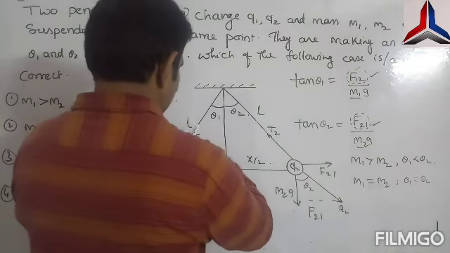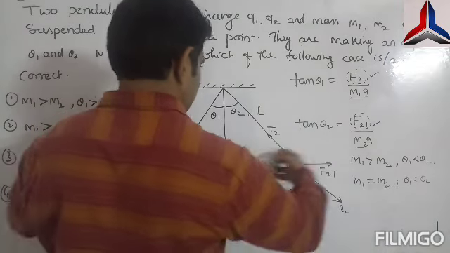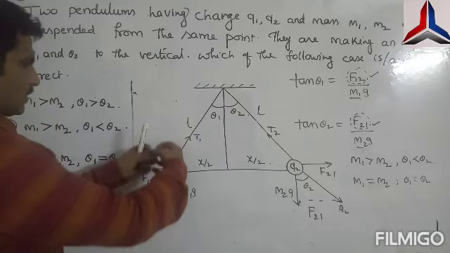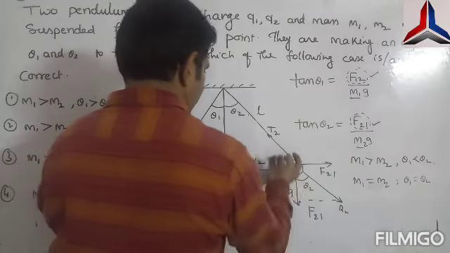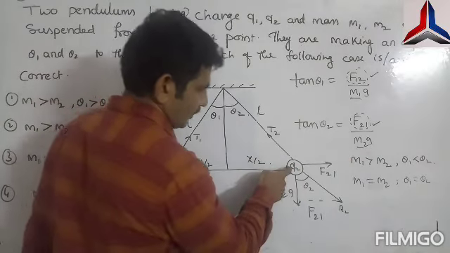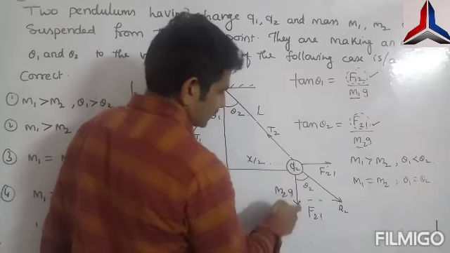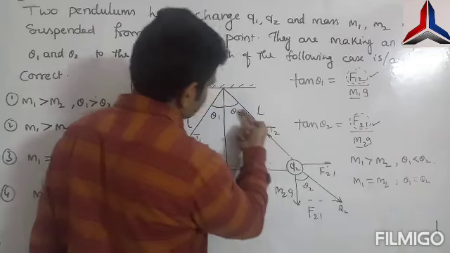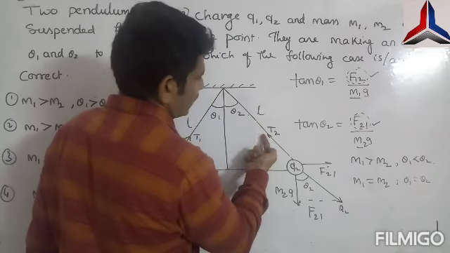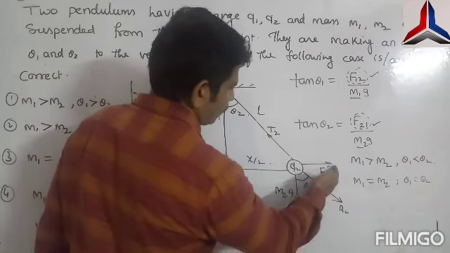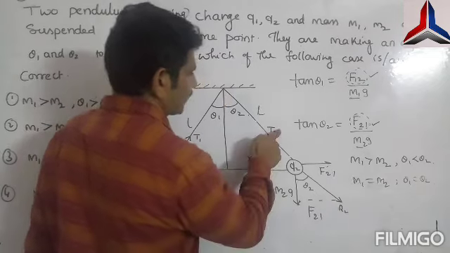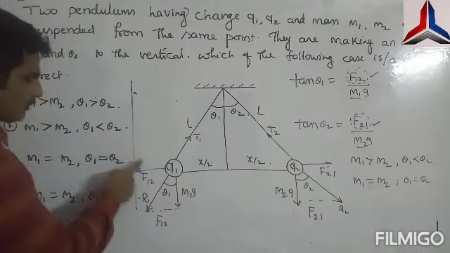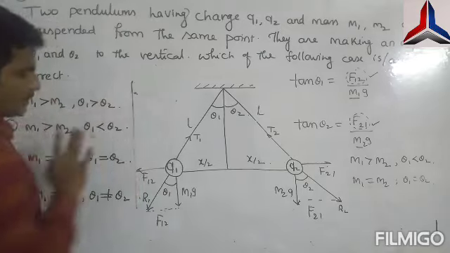Since the two charges are separated by a certain distance, they repel, and the force offered between them is in this direction, weight in this direction. The resultant is opposed by the internal force in the string, that is tension. So the resultant force of these two is equal to tension. Similarly, the resultant force of these two is equal to tension.